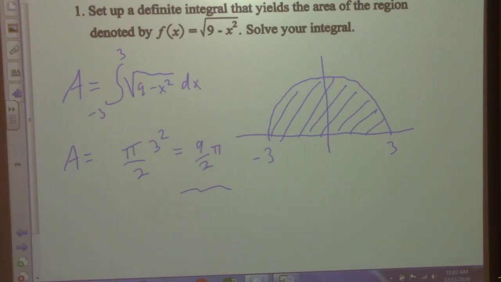Okay, you're finding the area, but the difference about this is you have these guys right here. What do those mean? Yeah, sometimes they're called the limits of integration or the bounds of integration.